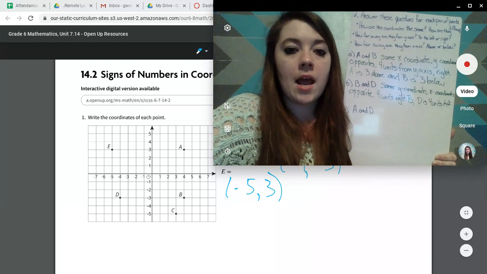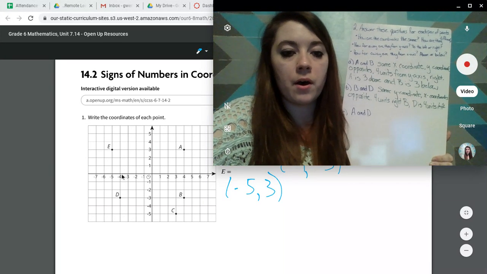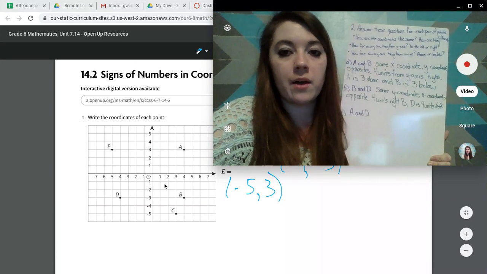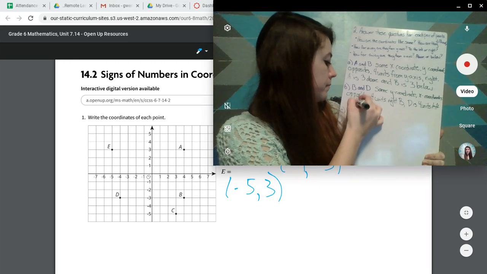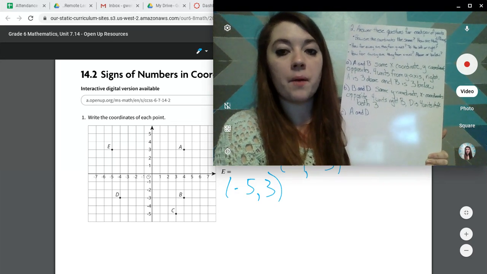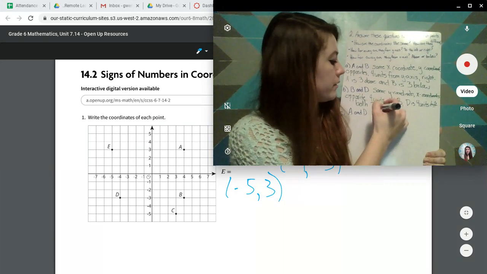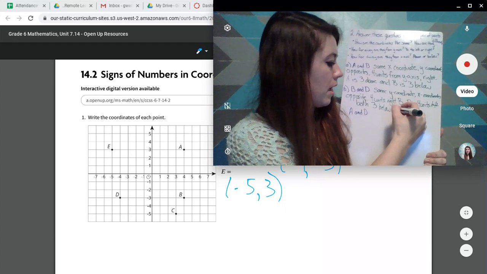All right, and looking at how far are they from the x-axis? They're both down at what y value? -3. So they're both 3. Both 3. Are they above or below? Below the x-axis.